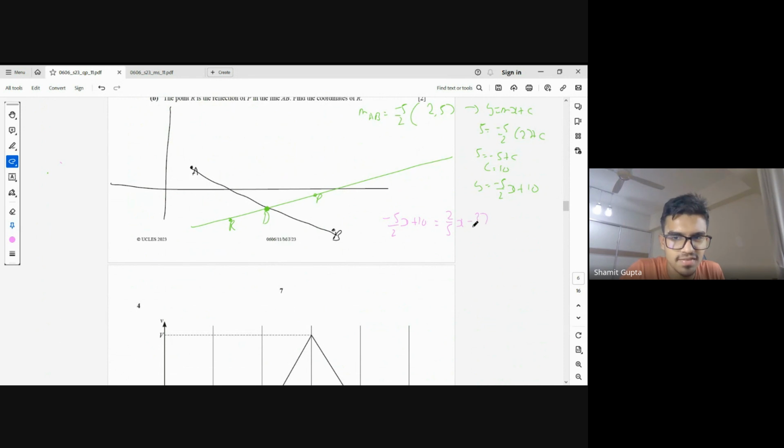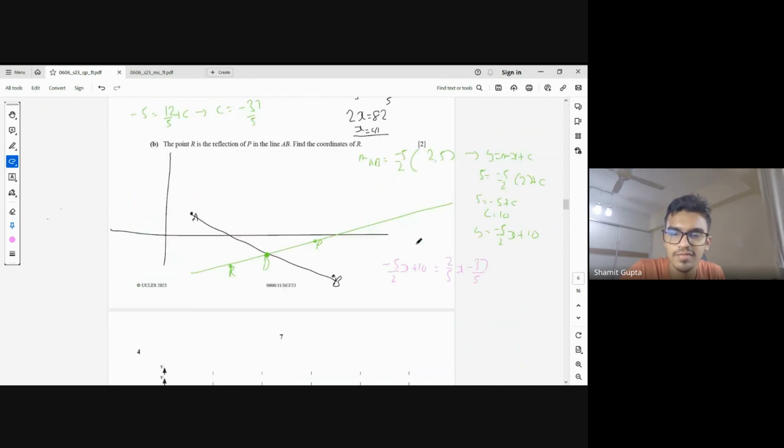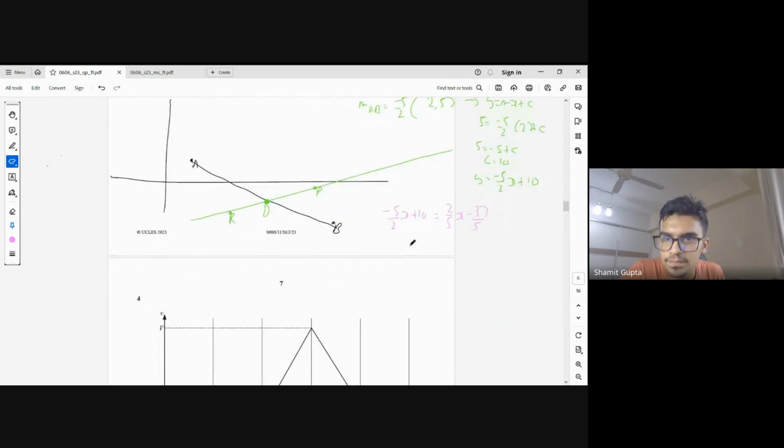I'm sure there's a simpler way. Maybe afterwards we can figure it out. Let's solve for x here. This becomes 29/10 x.